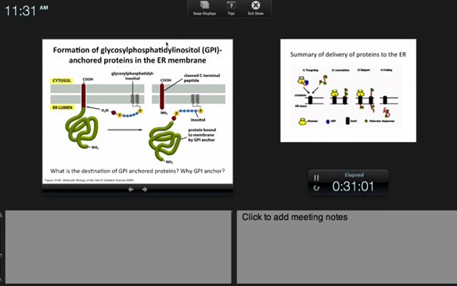You're saying you could use this in research as a marker? Maybe. What would be the advantage of this versus a transmembrane protein? Could it be that you don't have to have that hydrophobic domain? Okay. But why would you have this versus the other?